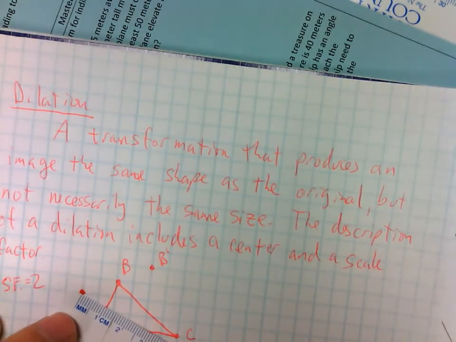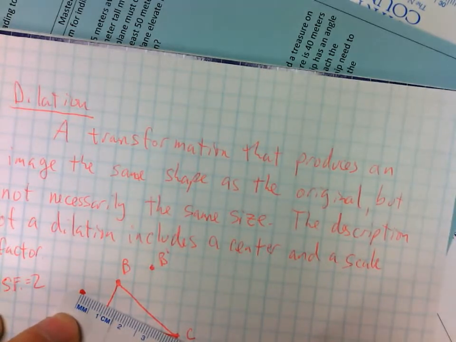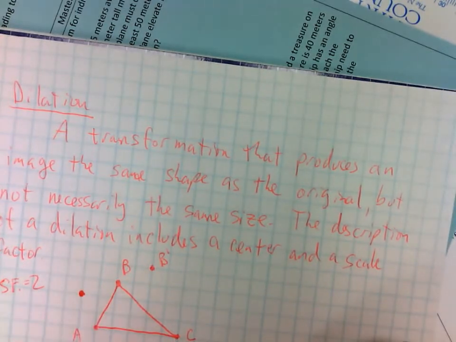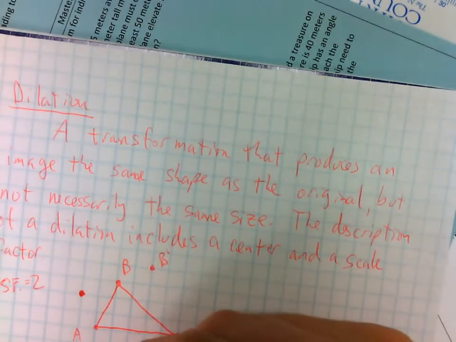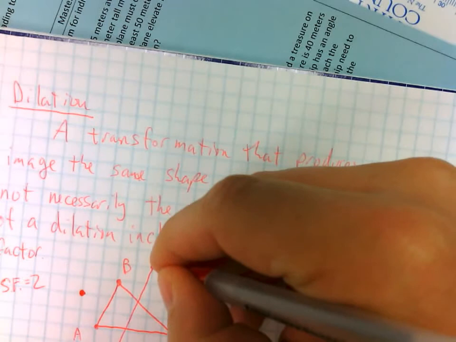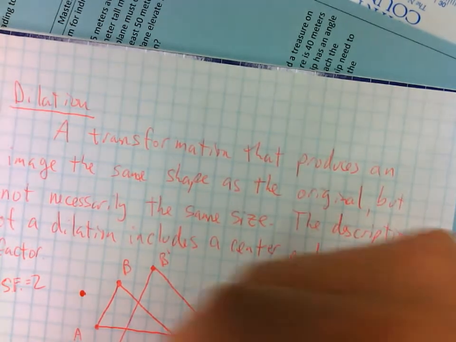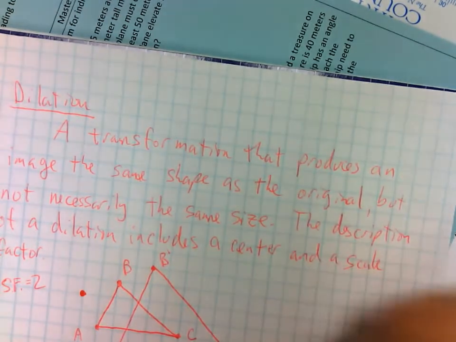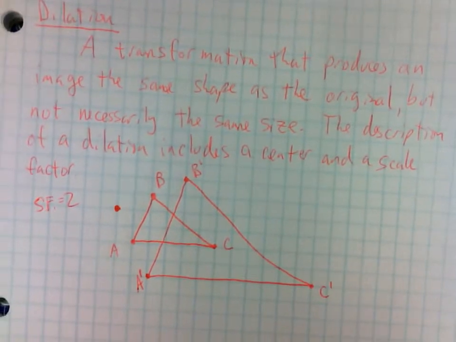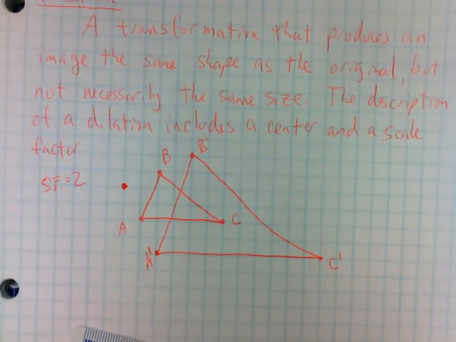And C is almost exactly 4 centimeters away, looks like to me, so it's going to move 8 centimeters away. Alright, now if I connect, there's my new shape. Excuse my line connecting B prime and C prime there.